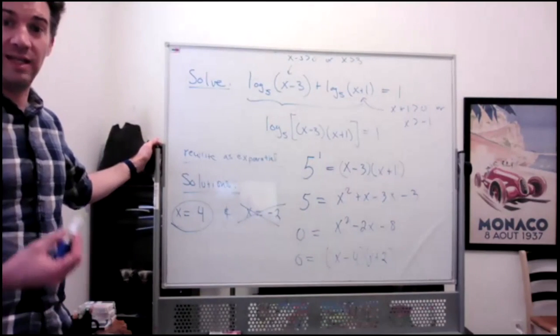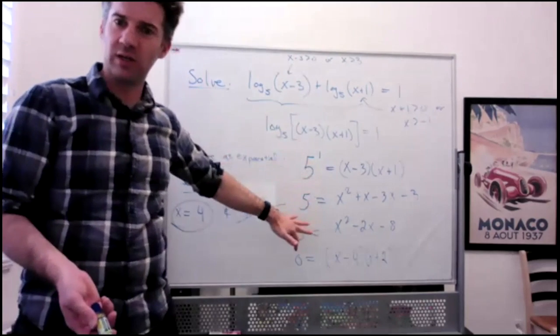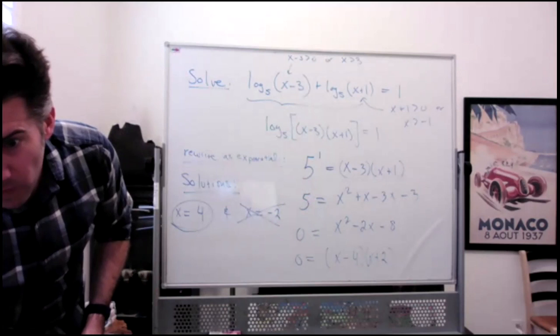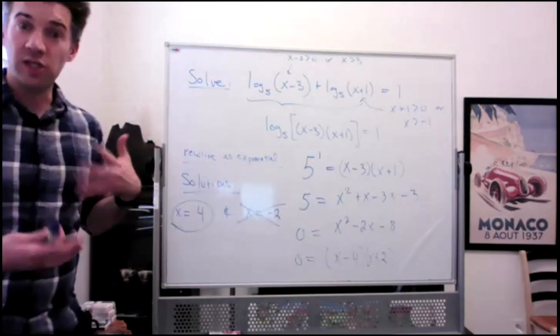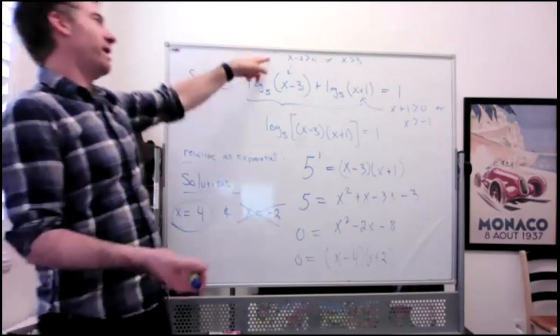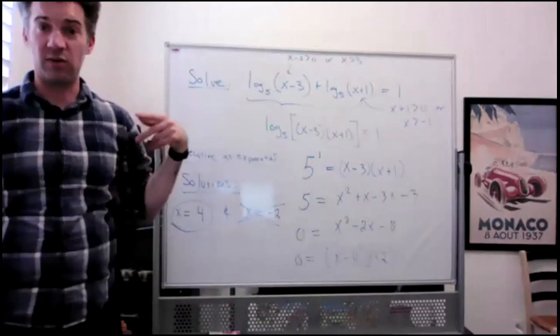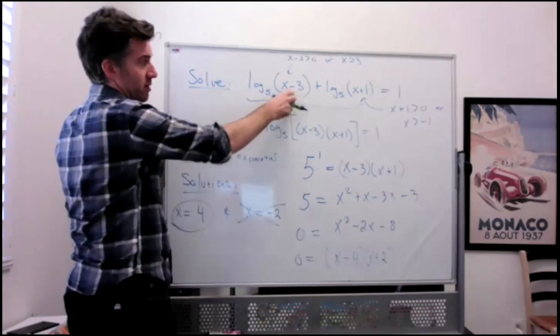It's actually called an extraneous solution because it solves some intermediate equation that kind of is the equation we're working with, but not exactly. Something else I want to say here. The way I usually check this, instead of saying x has to be bigger than 3 and x has to be bigger than -1, I just plug in my numbers into my original expression. So if I plug in 4, 4 minus 3 is positive.